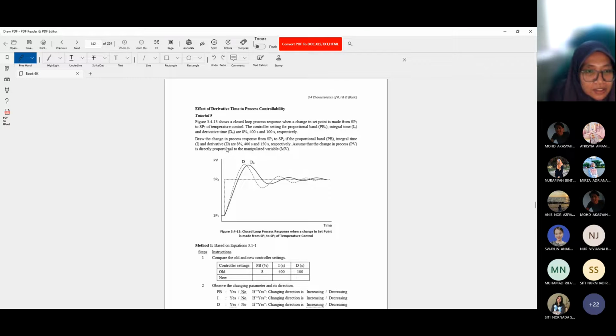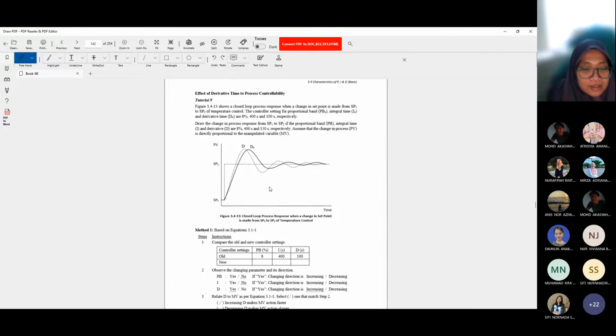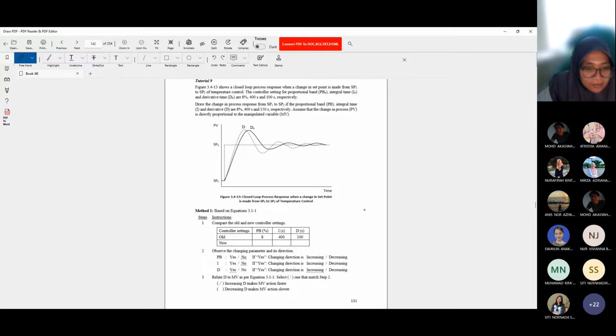The change occurs at D only, from 100 second to 150 second. So you can write here. The first step is the same: 400, 150. So the change occurs only at D. So the rest is no. At D only, yes.